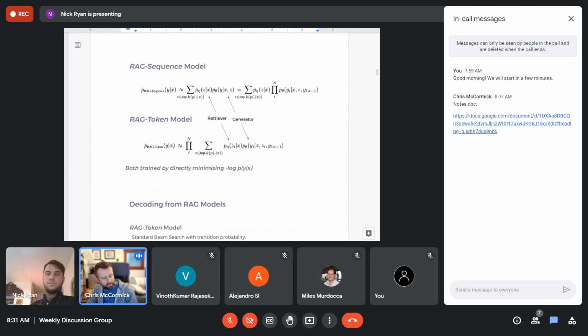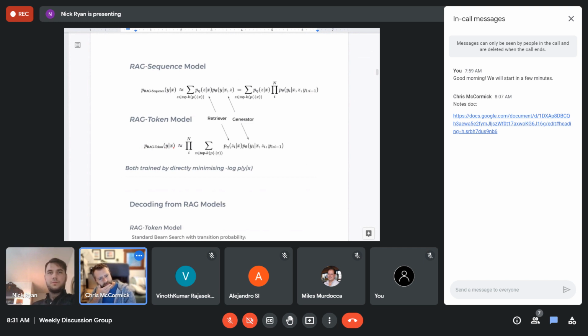And then you're saying that in order to compare the different words in the vocabulary to see which one is the most likely, you sum up the probabilities for each vocabulary term for all of the documents. Mm-hmm. Okay. And we're talking about the RAG token approach. Yeah. Okay.